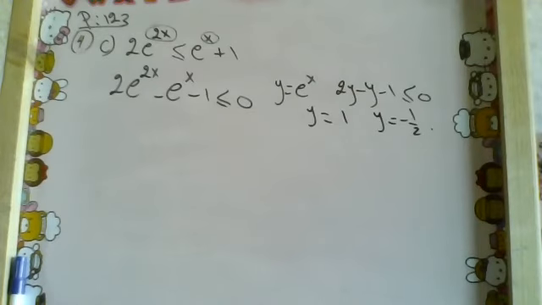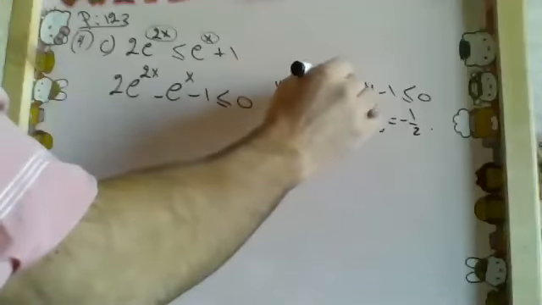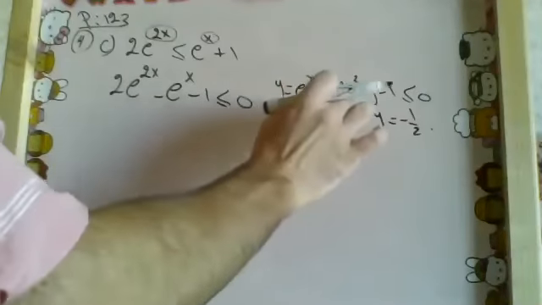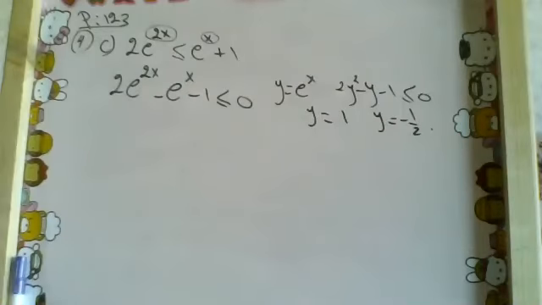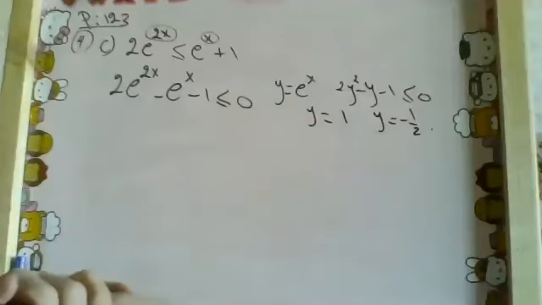Well, 2y squared, I mean. 2y squared minus y minus 1 less than 0. Use the calculator. You get y equal 1 or y is equal to negative 1 over 2.